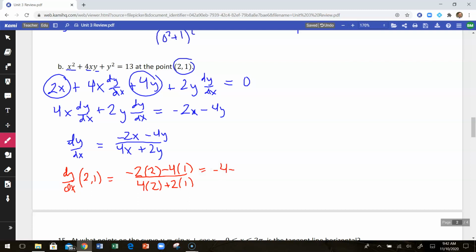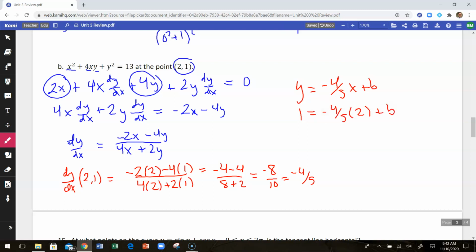That's going to give us -4 minus 4 over 8 plus 2. So that's -8 over 10, which I will reduce to -4/5. So that's our slope. So y equals negative 4/5 x plus b. And then I'm going to plug in 1 for y, 2 for x, solve for b.